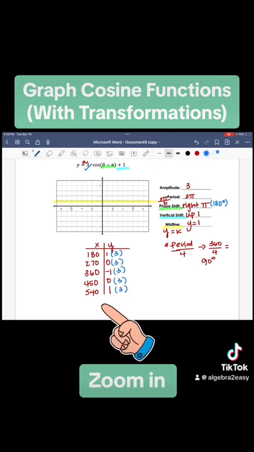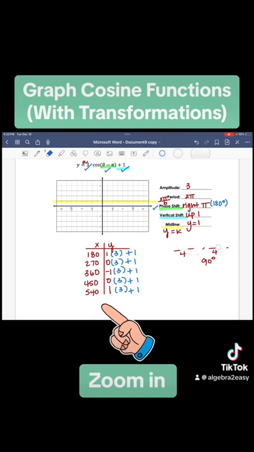Theta minus pi, we've already taken care of this. Remember, that is your phase shift, and we started with 180 degrees. Then we have plus 1. That is our vertical shift up 1 unit with the y-axis. So that means we're going to add 1 to all of our y values. That way we can ensure that the function goes up.